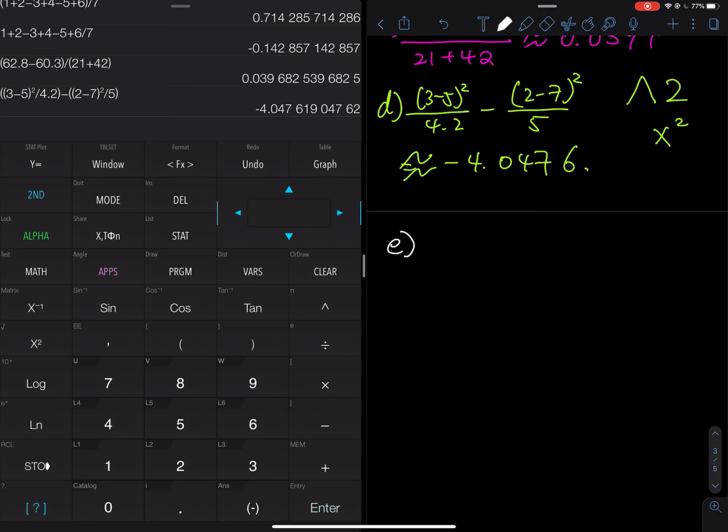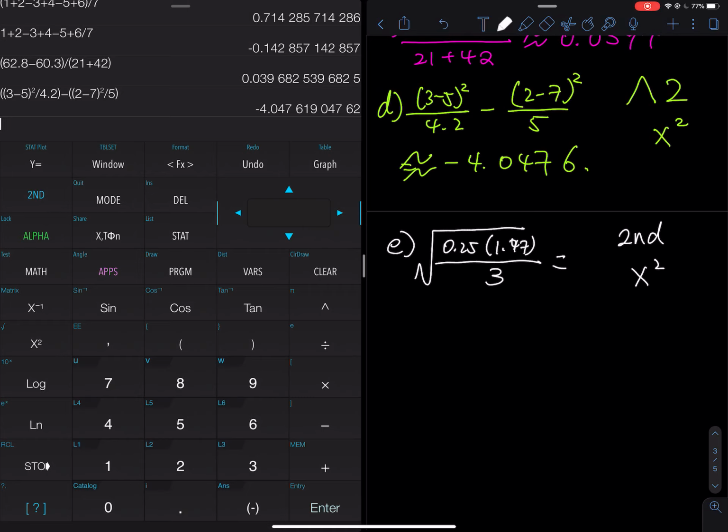So E, we have the square root of 0.25 times 1.47 divided by 3. So on your graphing calculator, you have to hit second, and then you have to hit this key, the x squared key, because the square root is on the corner of that key.